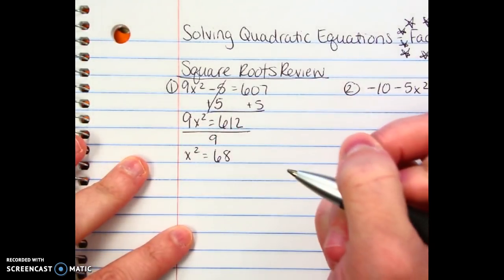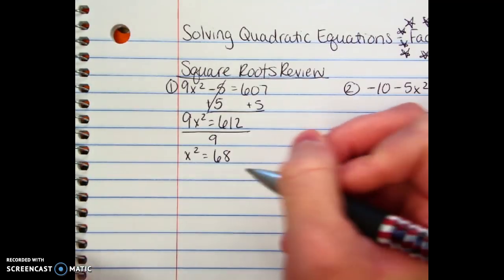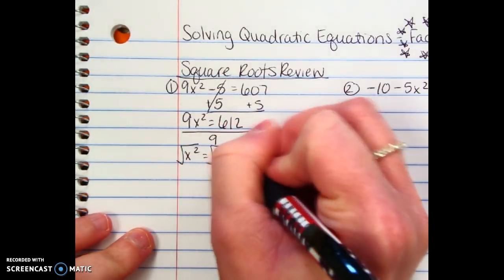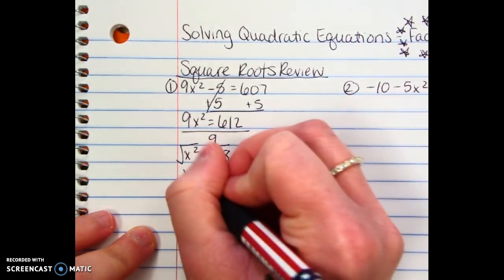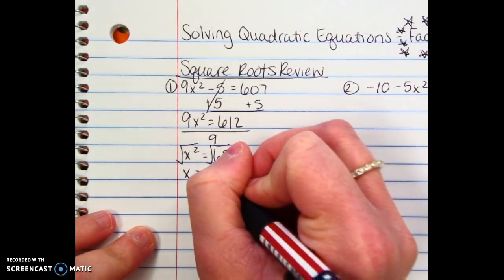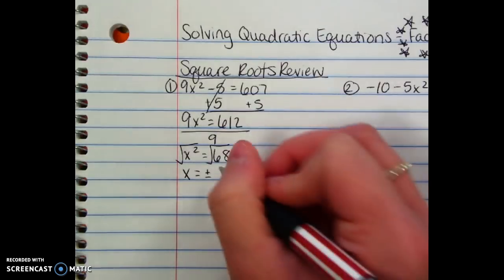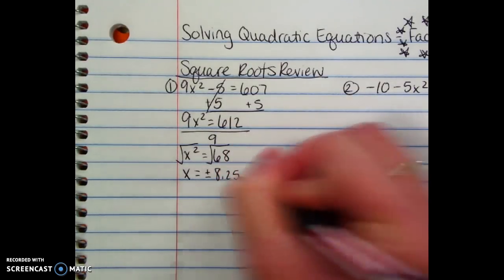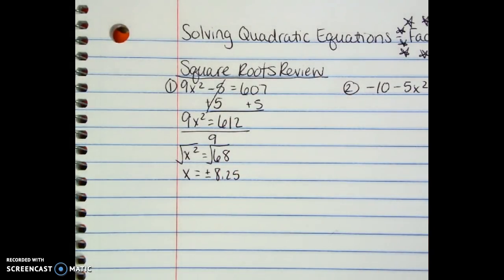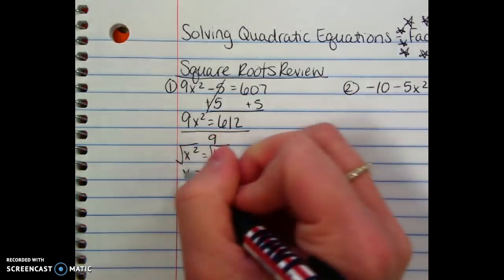That's not a perfect square, so I'm probably going to get a decimal of some sort. Square root both sides. X equals, did you remember the plus or minus sign? And then I'm going to round to the nearest hundredth, which I forgot to tell you beforehand, but 2 decimal places. So that would round to 8.25. I believe it was like 8.246 or something like that. Okay, and you're done.